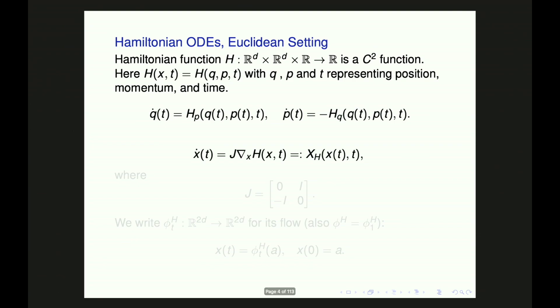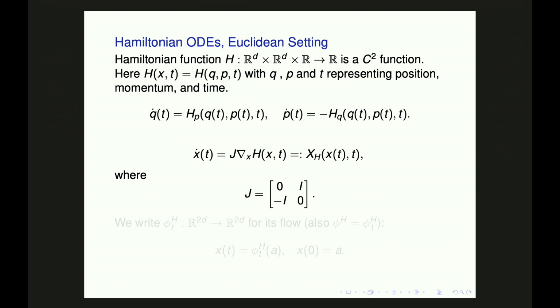And it's more convenient to write an equation for the full vector x. The derivative of x now can be expressed as J times the full gradient of H, where J is the matrix given by 0, identity, minus identity, 0. So you should compare it to the gradient vector field that we have seen in this conference on several occasions. This is like the other extreme.